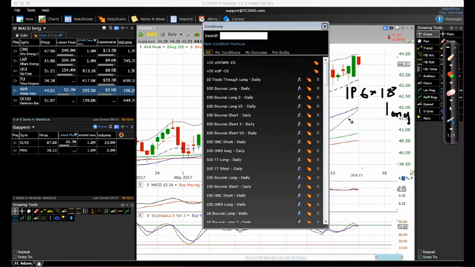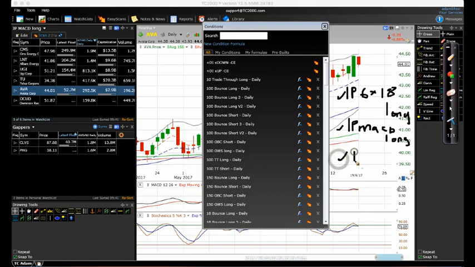Another one is the impulse pullback MACD long, based on the MACD bullish signal. So I repeat, you have one script based on the 6 EMA crossing the 18 EMA signal and one script based on the MACD signal. These are both long.